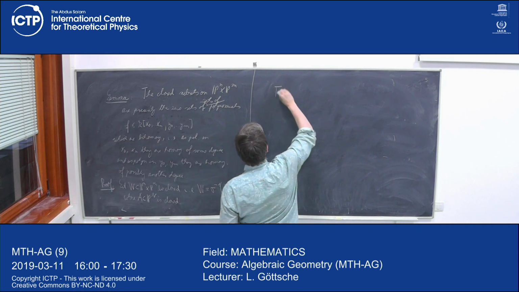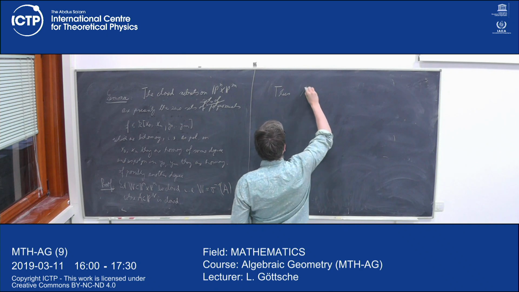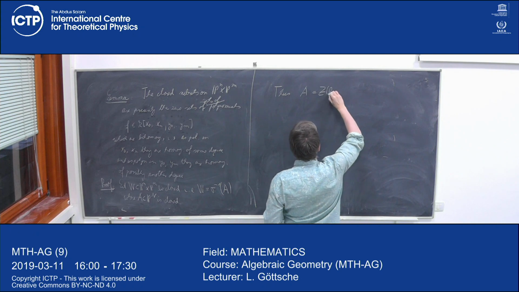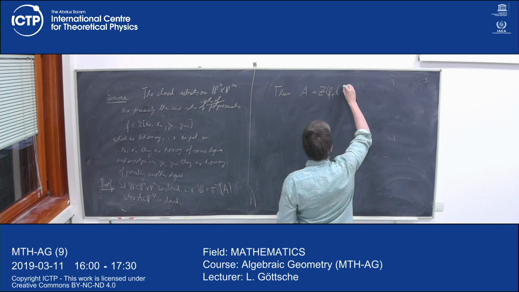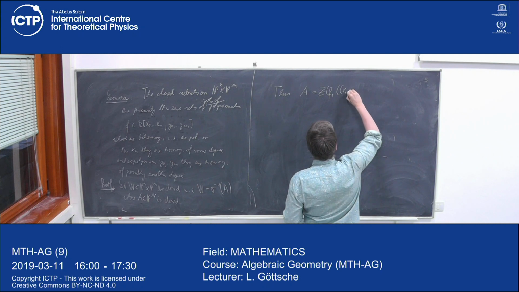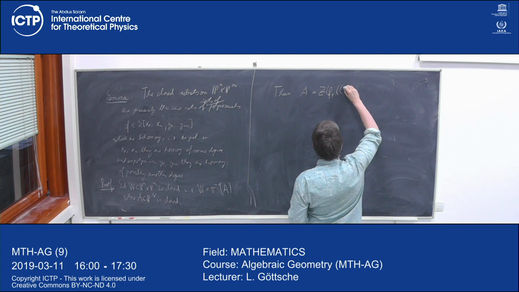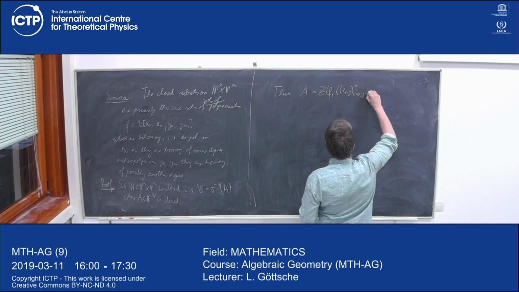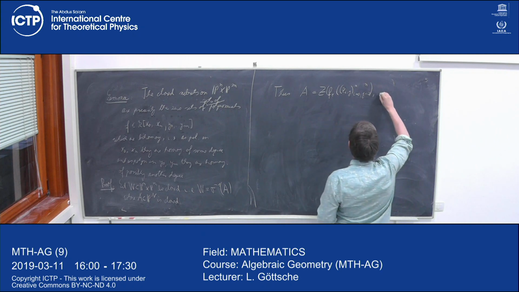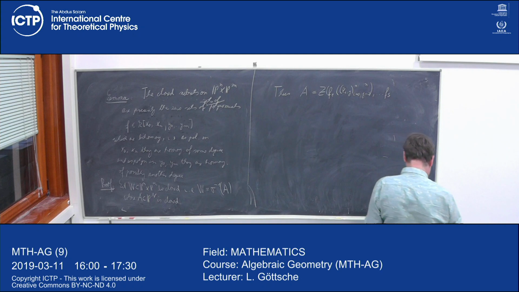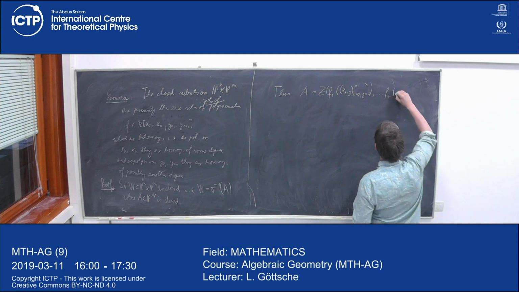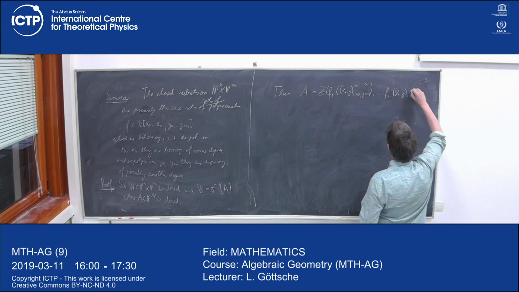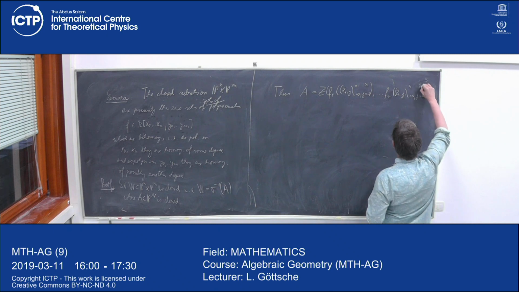Thus, A can be written as a zero set of, say, f1 of zij, i from 0 to n, j from 0 to m, up to fr of zij, i from 0 to n, j from 0 to m.